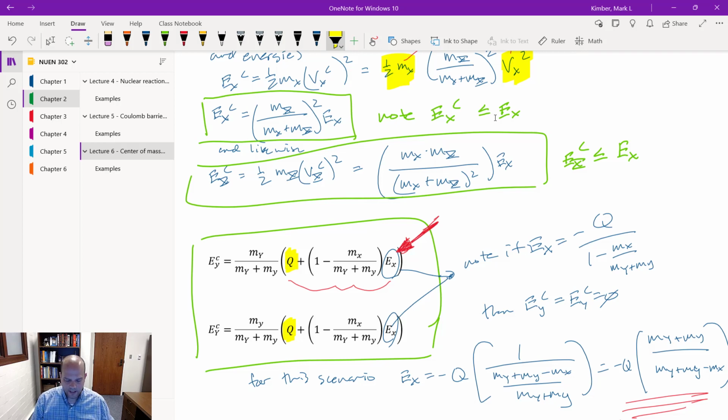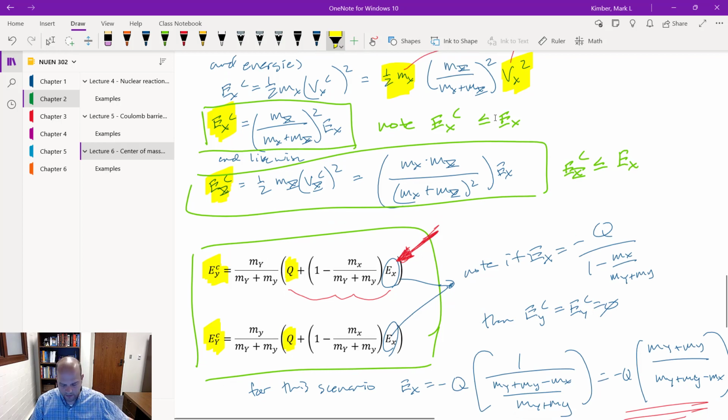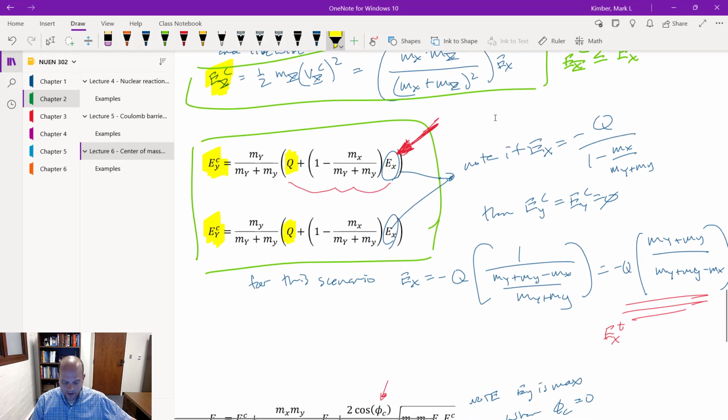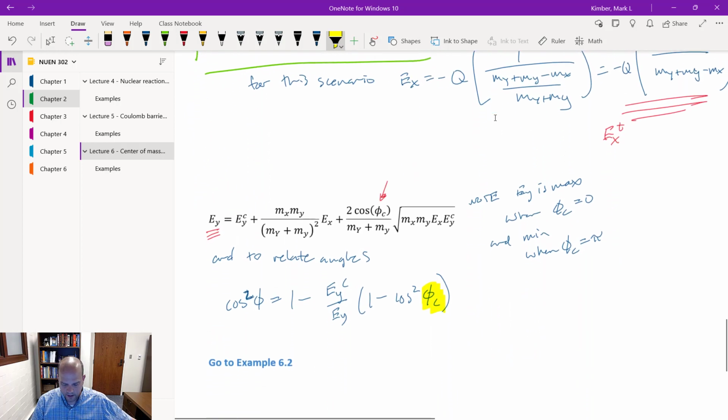And because I know the masses and EX, I can calculate E capital X in the center of mass reference frame. I can calculate EY in the center of mass reference frame, and then I can calculate E capital Y in the center of mass reference frame. So I've got those 4 energies just from knowledge of EX and Q and masses.